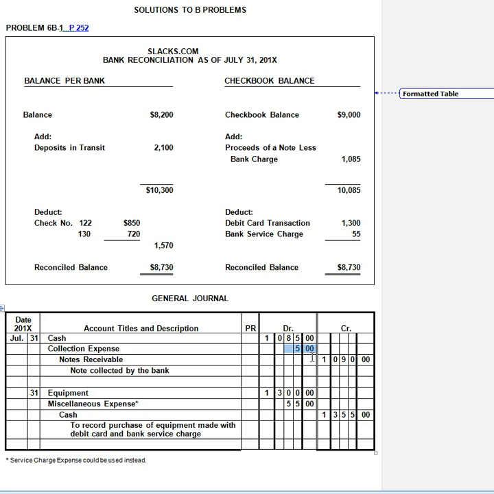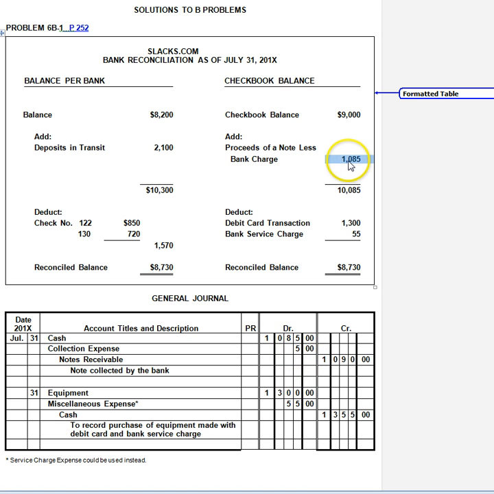So that the cash debit is 1085, which agrees with the cash credit that we got from the bank. And the $5 differential is like a little loss that we take. We debit an expense account for that $5. Okay, so there's your debit.